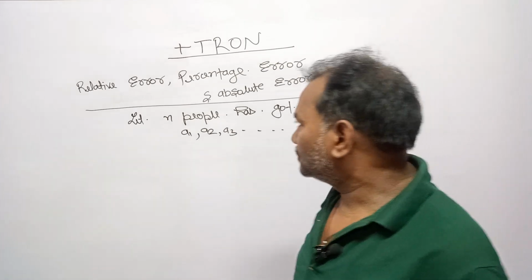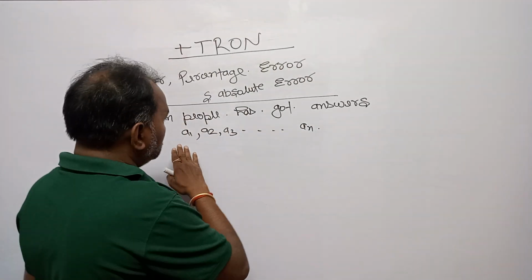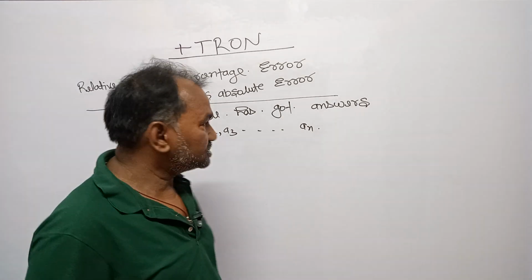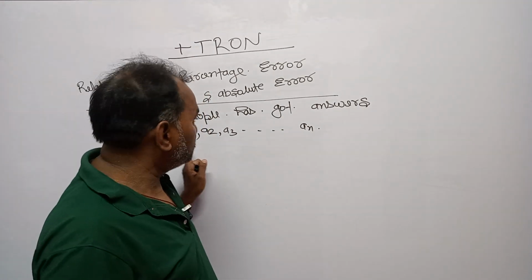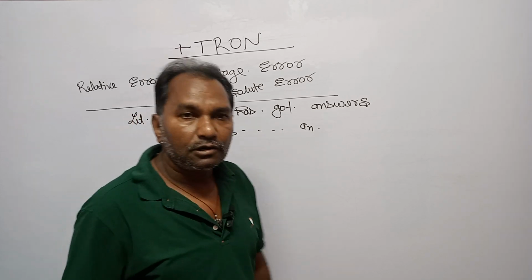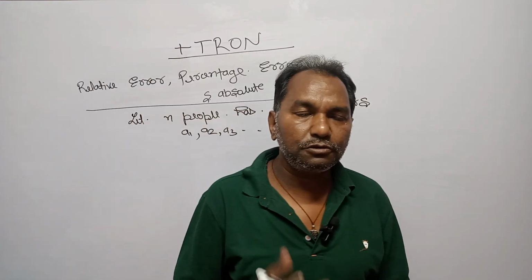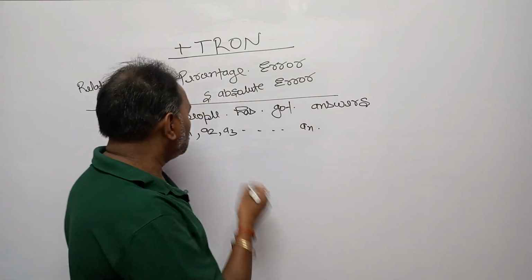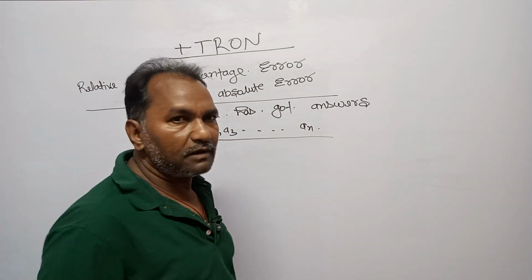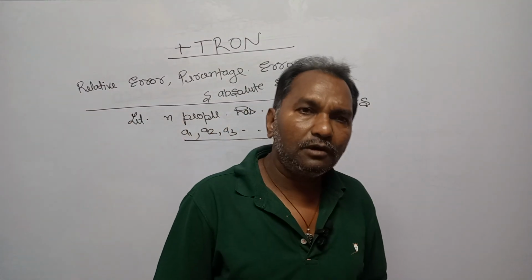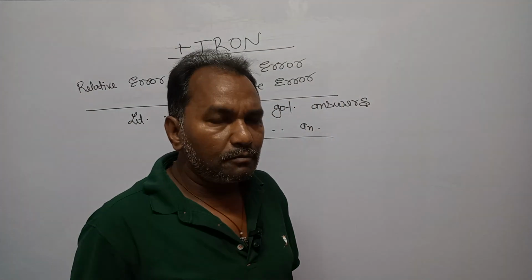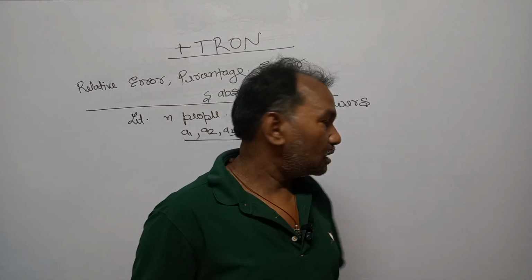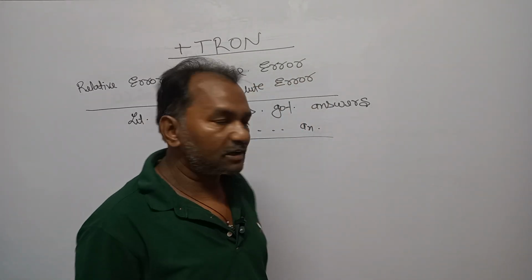The n observers got the answers A1, A2, A3, up to An. Now we should know the mean value. We will find the average of these, and that can be said to be the most precise or experimental value of that experiment.